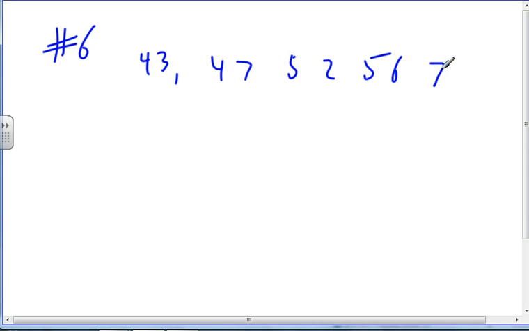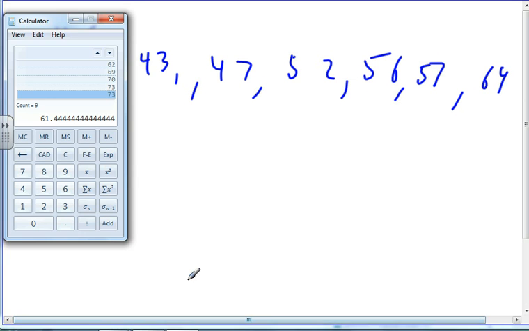All right, going on to 6. Number 6, unless you want me to do 5. 43, 47, 52, 56, 70, 57, 69. Okay, take my calculator again, clear everything. Clear. How come I'm not clearing? Oh, there we go. That cleared everything.